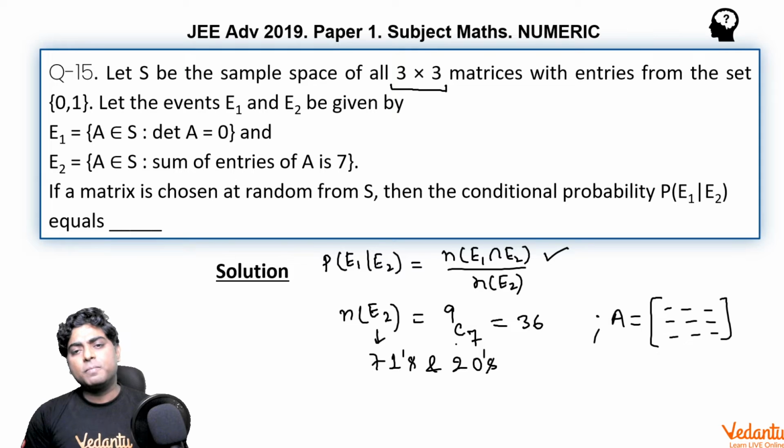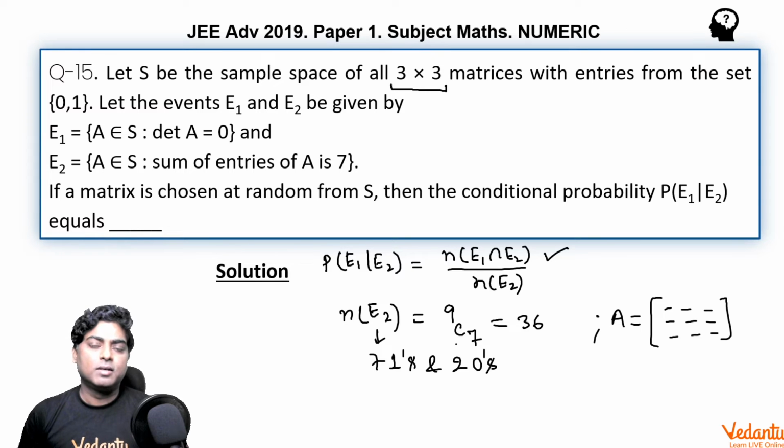So if you give a little stress to the mind, you will easily get the cases inside E2, where 7 ones and 2 zeros must be placed in such a manner that the determinant should be 0.